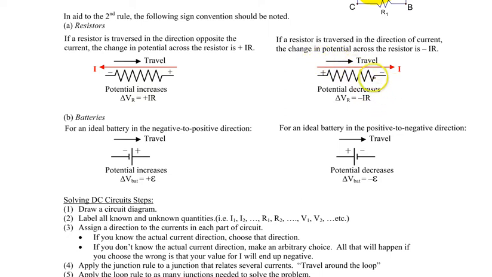Now with batteries, as you traverse a battery from the negative to the positive, you are in fact increasing your potential. So you could think of it as like you're going up those steps, so you're going to be going uphill. And if you go from the positive towards the negative, then it would be like you're going down the steps, and so you're going basically downhill. And so that potential will be a negative drop.